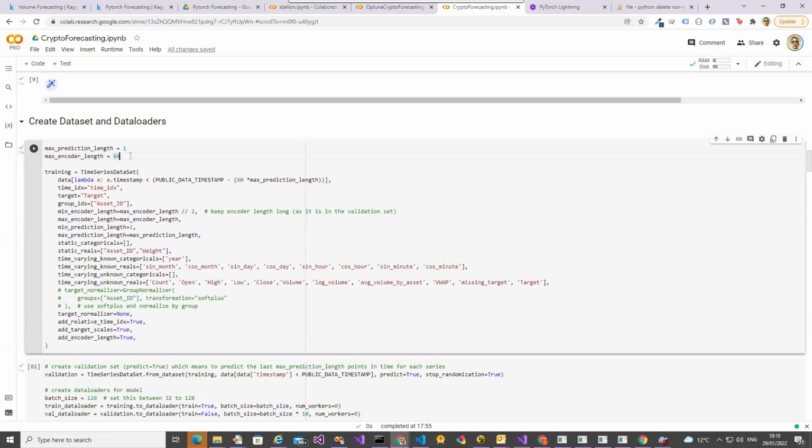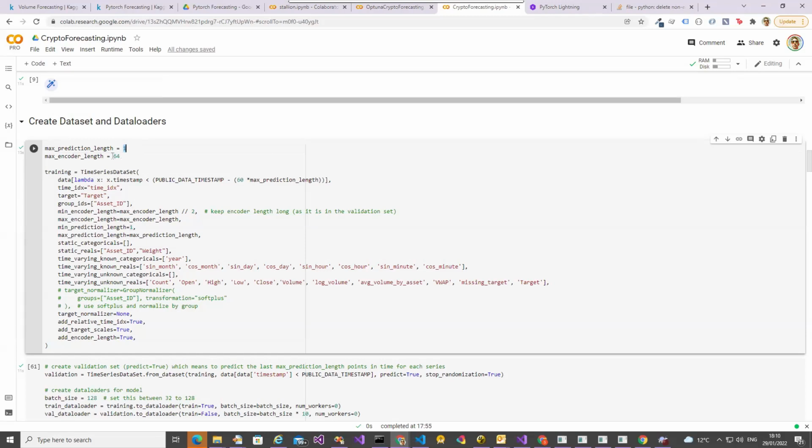So I was thinking you could go maybe up to 60 on the prediction length, and on the encoder length, you have it at 64, maybe up to 128 or something like that. But I wasn't really sure. I only chose a prediction length of 1 to deal with how I cope with the data in the actual prediction loop.